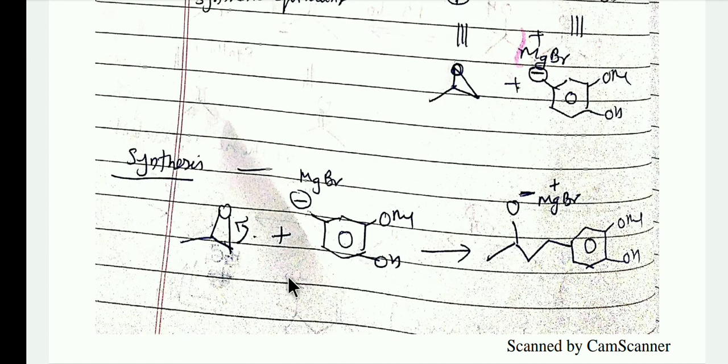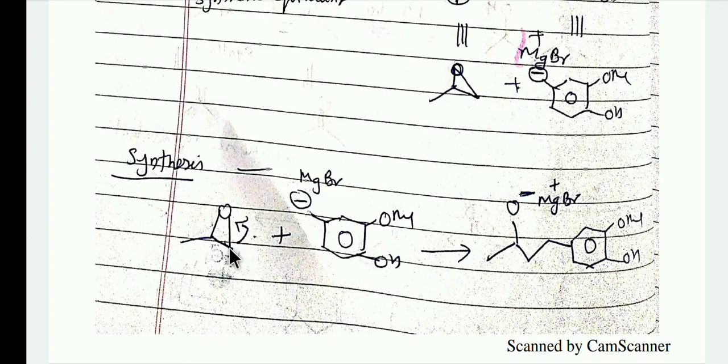This carbon becomes positively charged and this oxygen becomes negatively charged. This positively charged carbon atom reacts with the negatively charged carbon atom, so a covalent bond is formed between this carbon and this carbon atom.